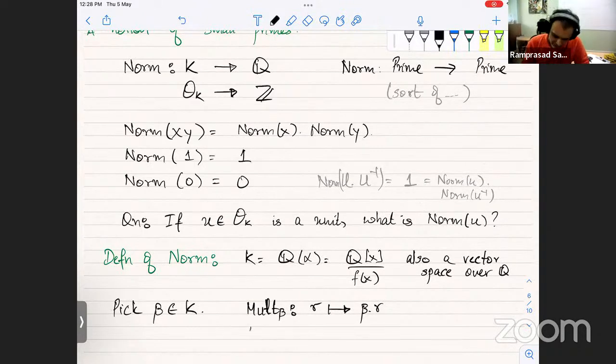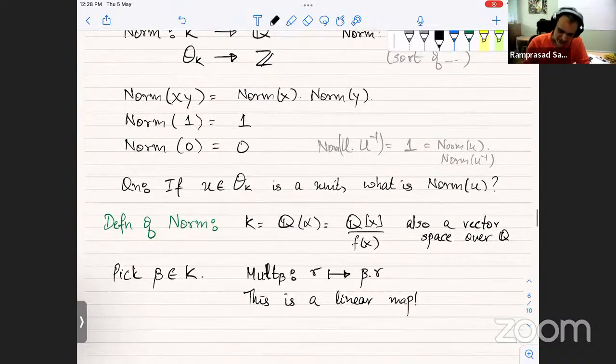Now this is a linear map, right? Because multiplication of r1 plus r2 is a multiplication of r1 plus multiplication of r2. When you're talking about a vector space and a linear map, there are a bunch of axioms that it's supposed to satisfy, and of course multiplying by beta satisfies all of those axioms.